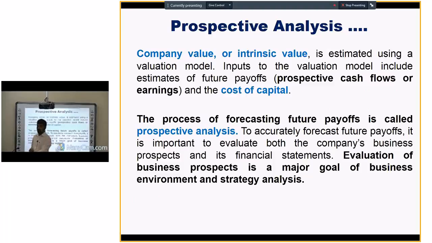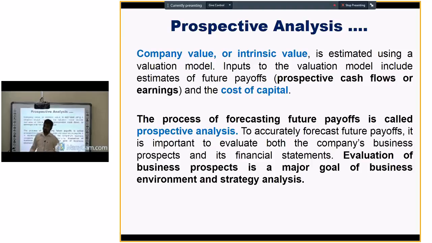And the too difficult task is to determine the cost of capital for the future period, right? It is also very difficult. We have some calculations or models for computing the cost of capital under a number of assumptions and constraints, and we can determine it. However, the process of forecasting future payoffs is called prospective analysis.